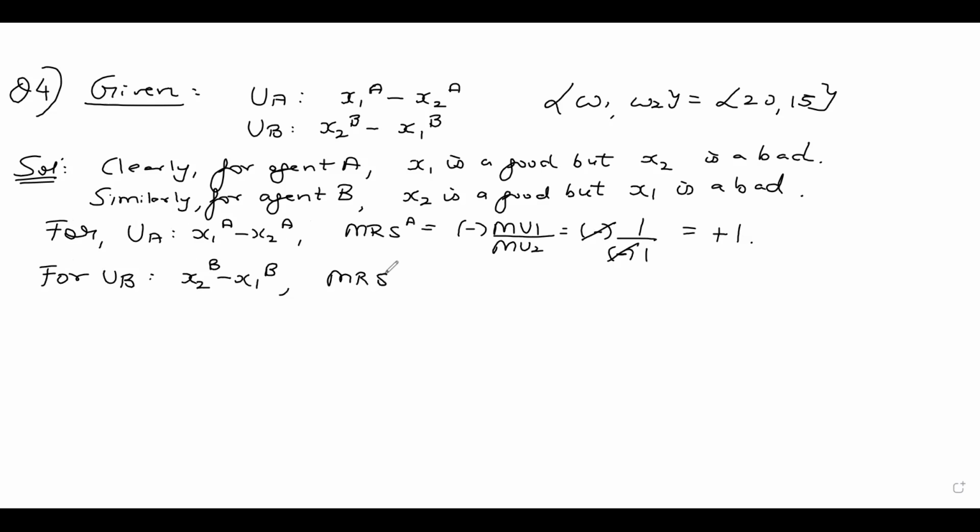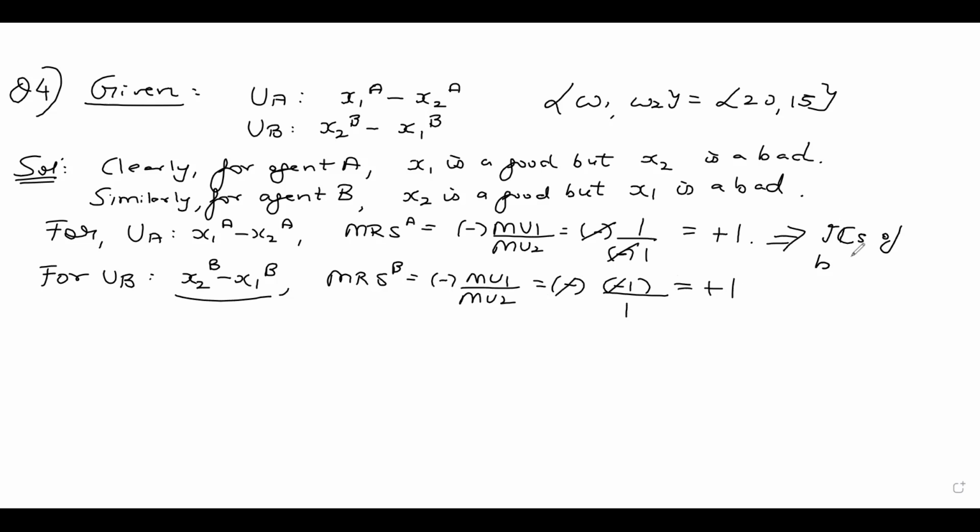If I calculate MRS of B, it is minus MU1 by MU2, which is minus MU1 is -1 upon MU2, which is partial derivative with respect to x2, which is +1. Two minuses make it again +1. So this implies ICs of both the agents A and B are upward sloping, because the slope, which is the MRS, is positive.